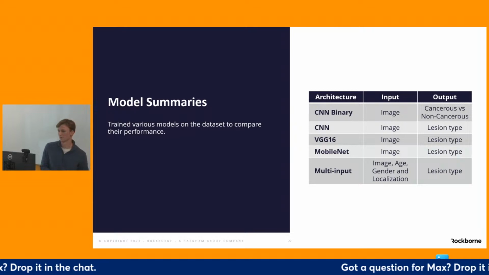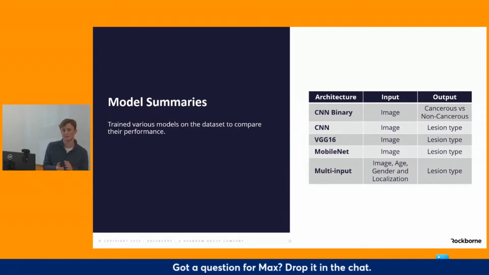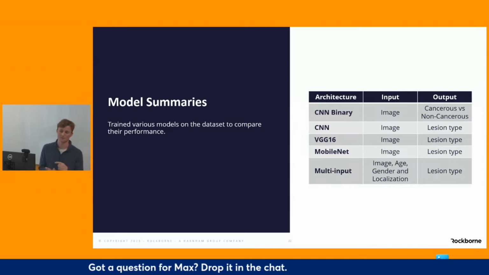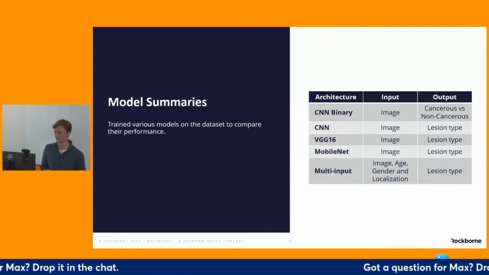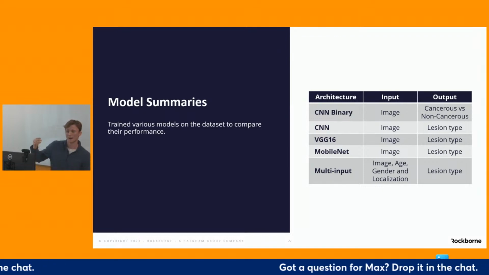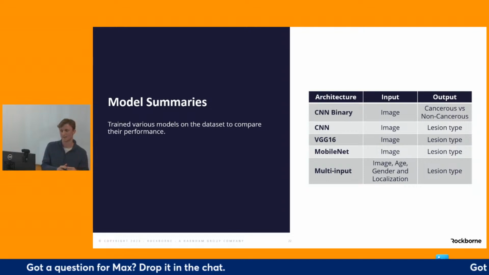Okay, so what kind of models did I build? Well, I started out simple. I combined 7 classes down into 2, cancerous versus non-cancerous, just to get an idea of whether or not this is feasible. I then built that up into a normal convolutional neural network with all 7 different classes.